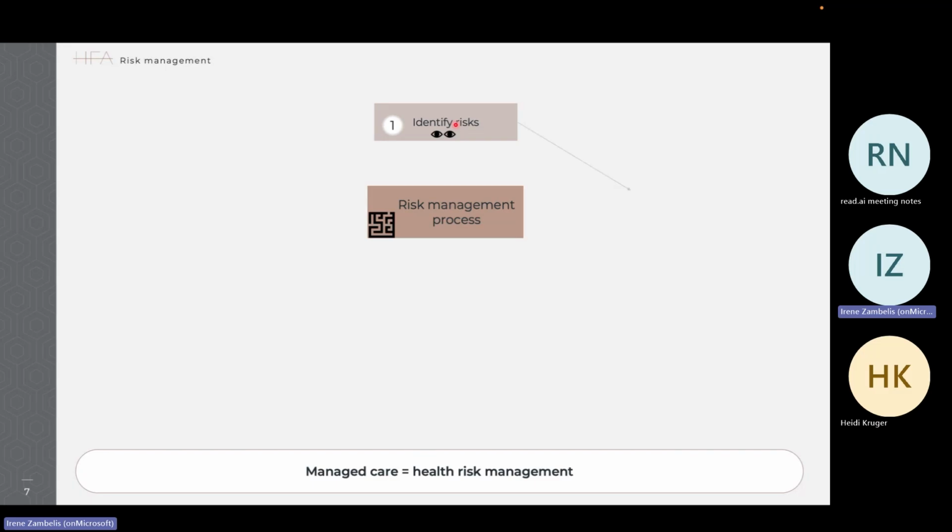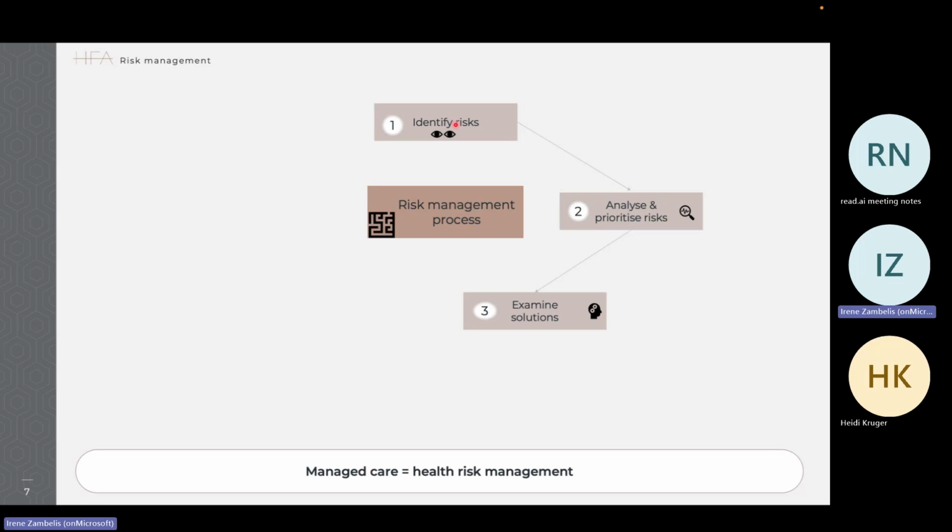The second starting point that you need to have is that you are able to analyze those risks and prioritize them according to cost. So what is that? Which of those conditions have the biggest financial impact on your scheme? Because now you are armed with the information that you can find what is the best managed care program for your risks.